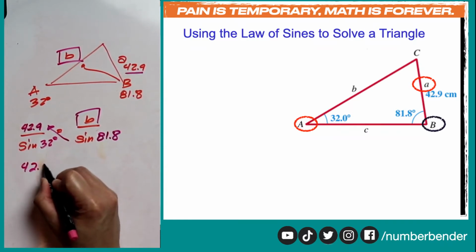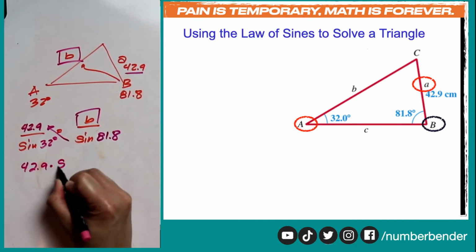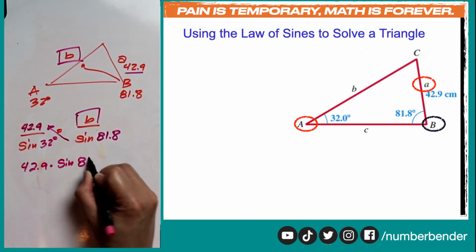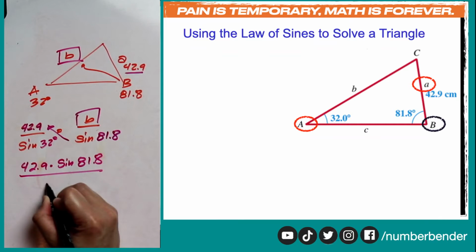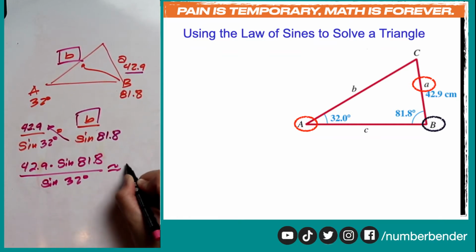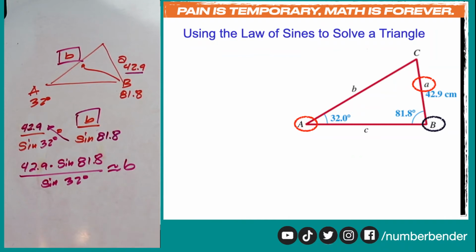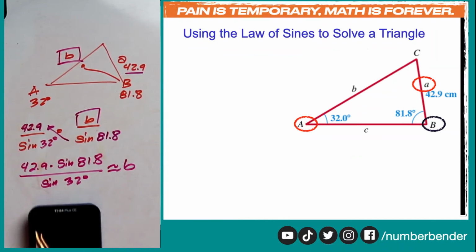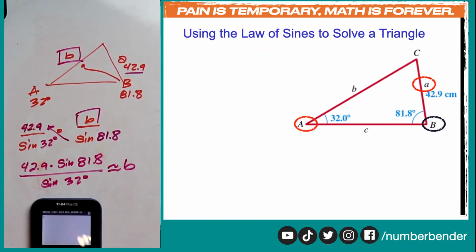Rewriting our equation, we get b equals 42.9 multiplied by sine 81.8 divided by sine 32 degrees, which is approximately equal to what the calculator will give us. If you have a graphing calculator, it's a lot easier to work with.